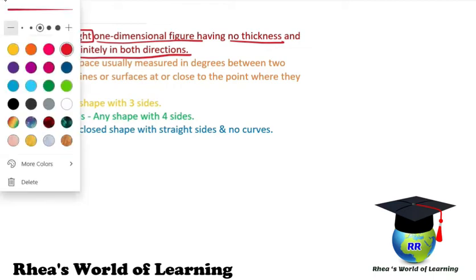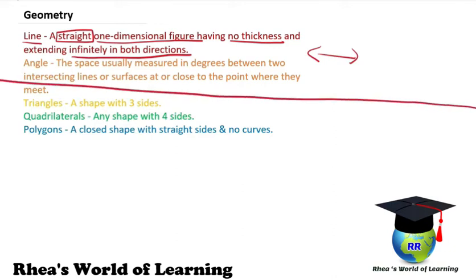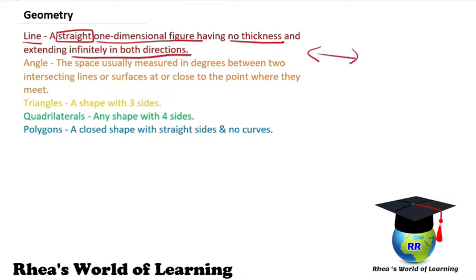I forgot to tell you, this is how you represent a line. You can't just make a line from left to right straight across. That is not a proper line, but it does not matter because that's not what we're talking about. These arrows represent the infinitely part in this definition.